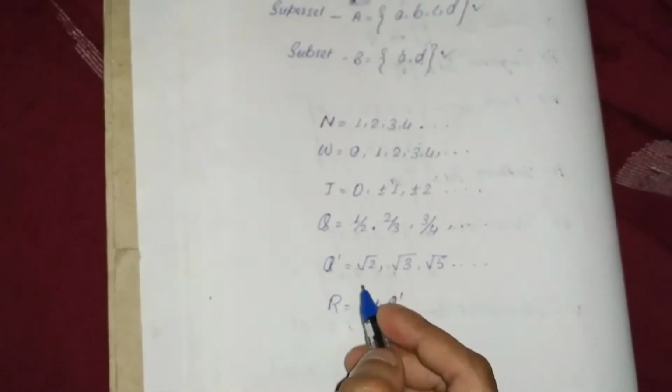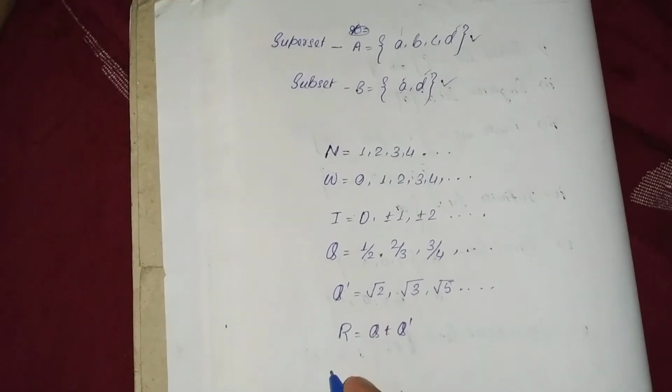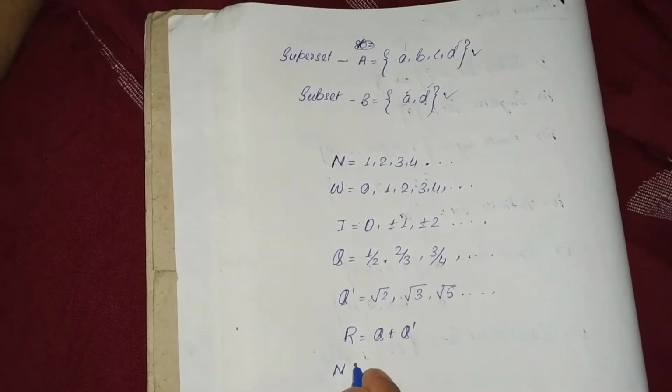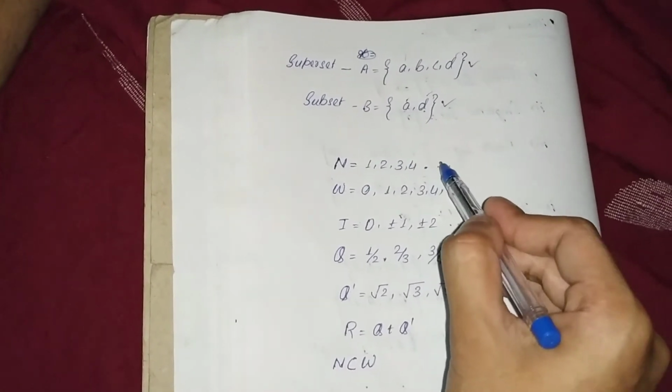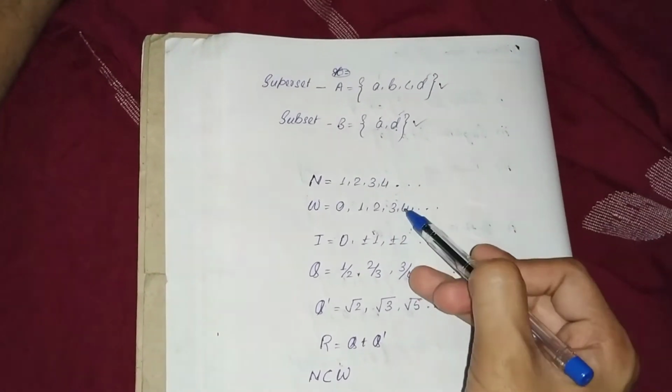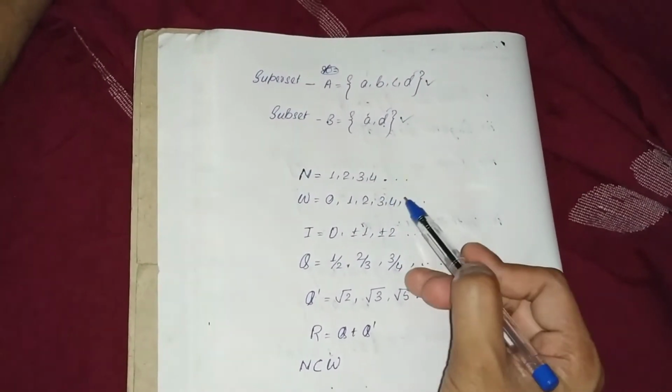So that's why we can write natural number is a subset of whole number, because all natural number elements are available in the whole numbers.